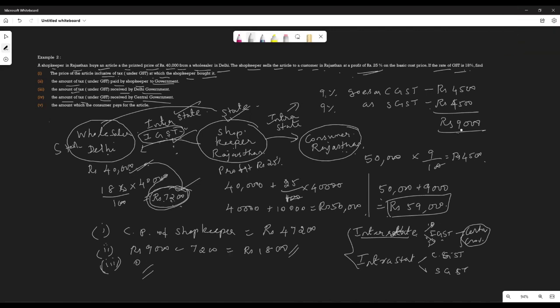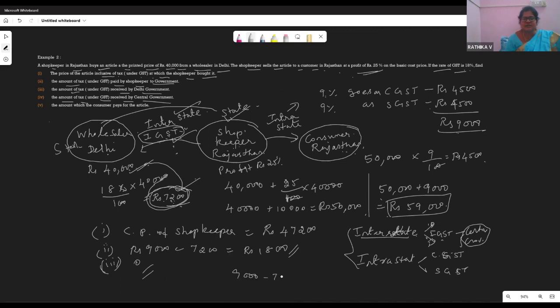Yes, ma'am, 7,200. Of the 9,000, the shopkeeper will subtract this amount, and then pay the rest to the government. How much does he pay when you subtract 1,800? This alone. I think it is my mistake, I didn't mention this point.